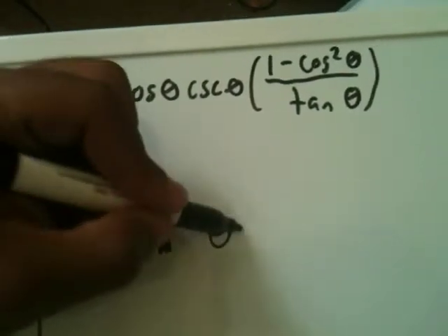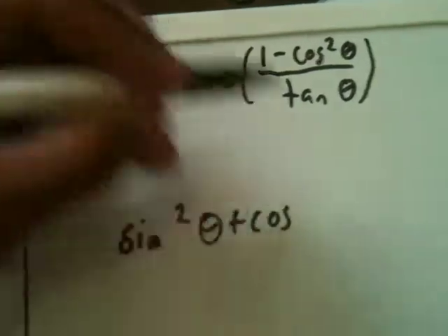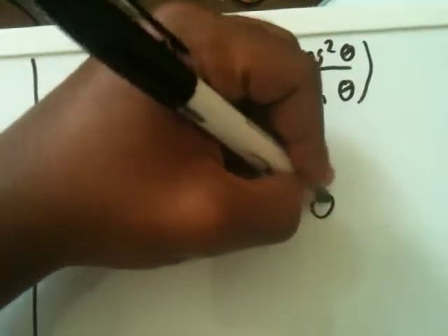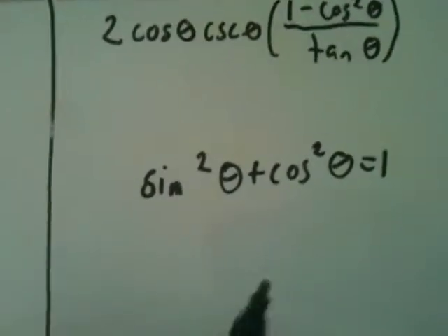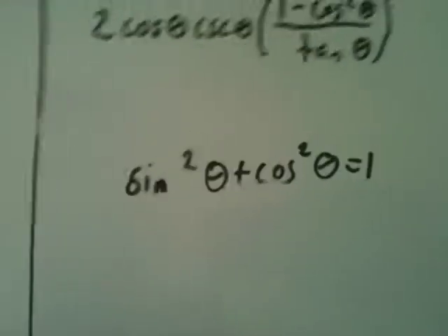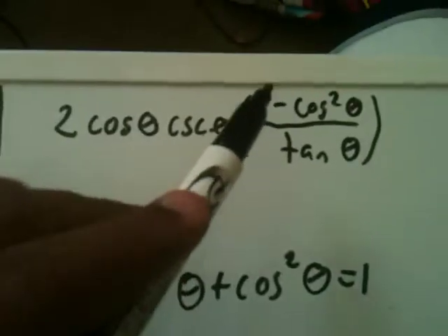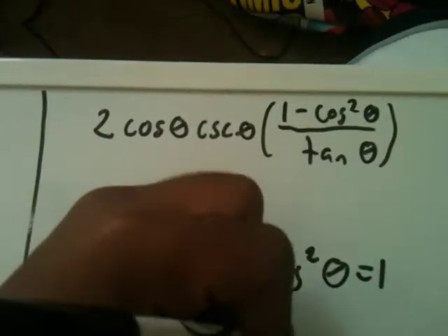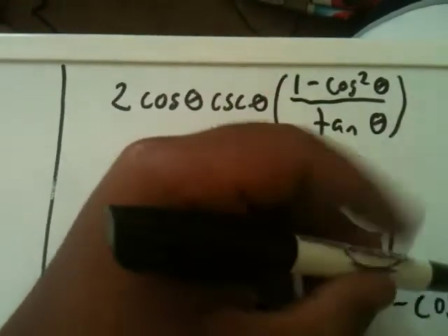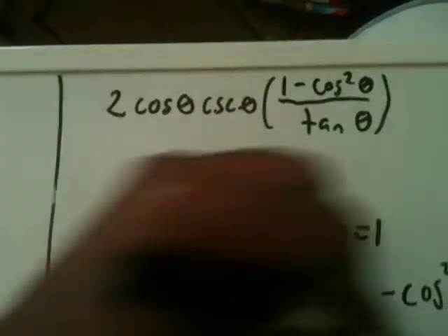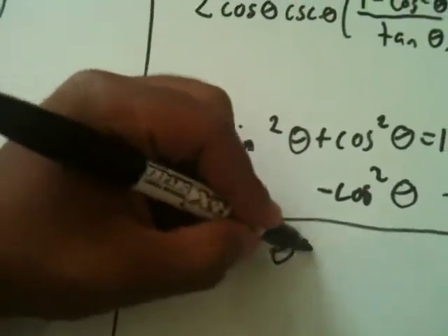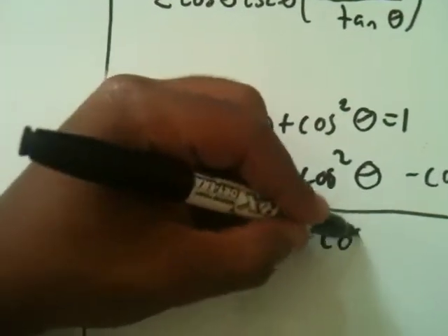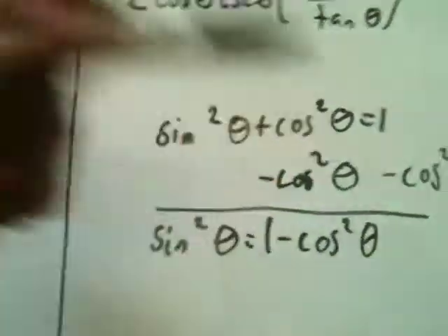Sine squared of theta plus cosine squared of theta equals 1. You can do a bunch of things with this. You can subtract off things. And to make it look like that, we subtract off a cosine squared from both sides. And you just have sine squared is equal to 1 minus cosine squared.